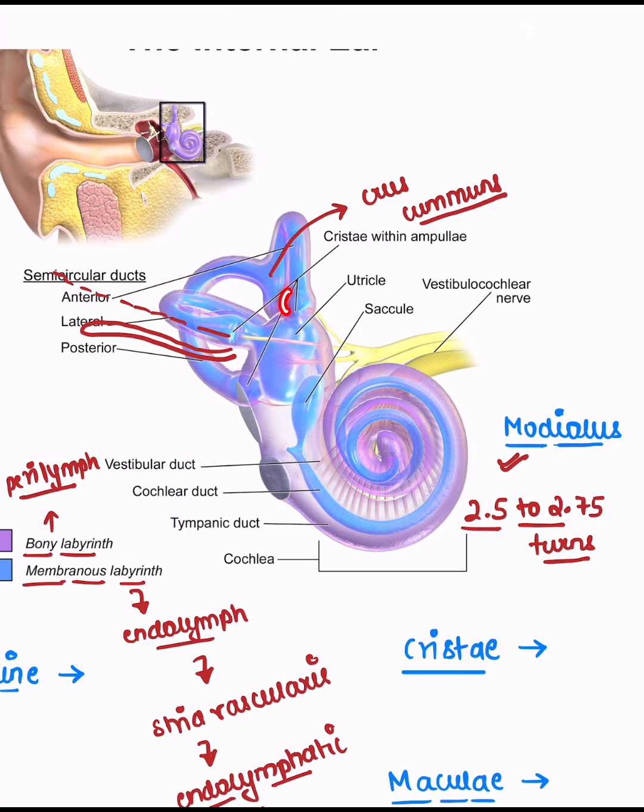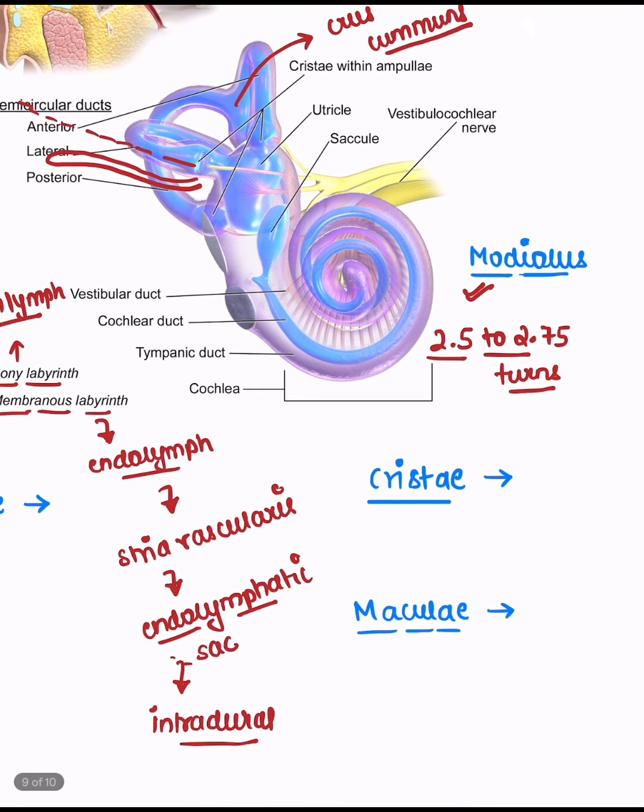This bulging structure is known as the ampulla. It consists of cristae, which are present in the semicircular canal and are responsible for rotational acceleration.